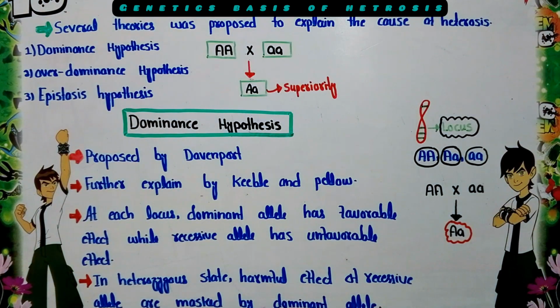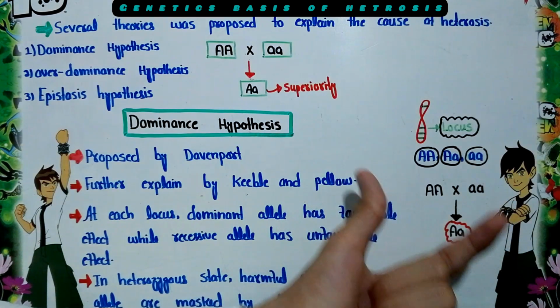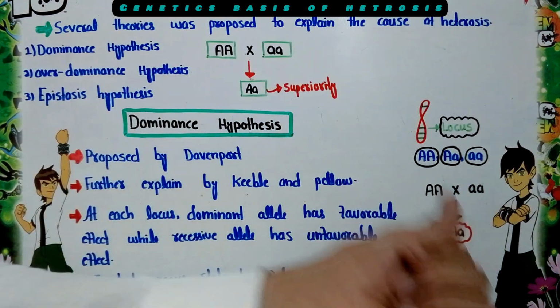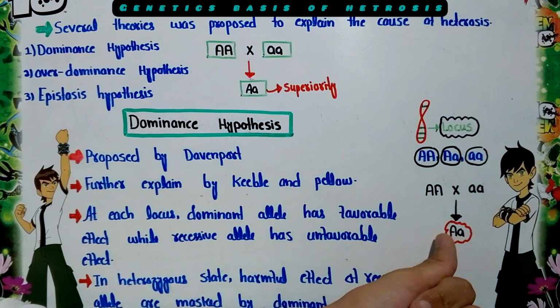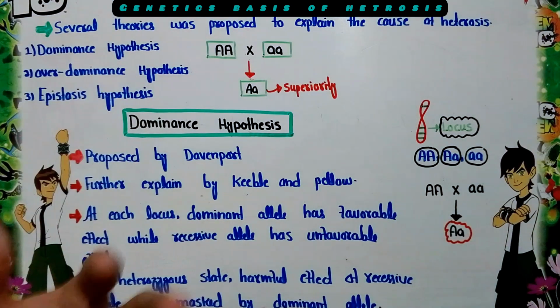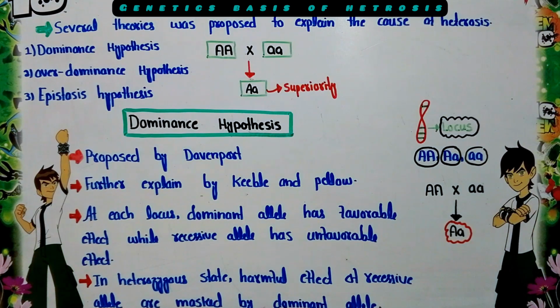So when both come together in a cross, we get the heterozygote. The superiority of the heterozygote is mainly due to the masking effect of the dominant allele. The dominant allele masks the harmful effect of the recessive allele, so the hybrid vigor shows superiority over its parents. This is the dominance hypothesis.